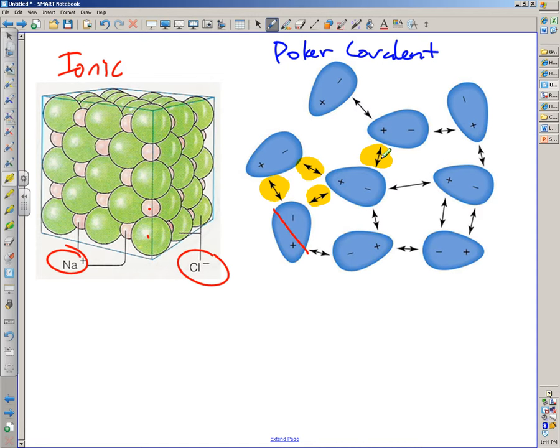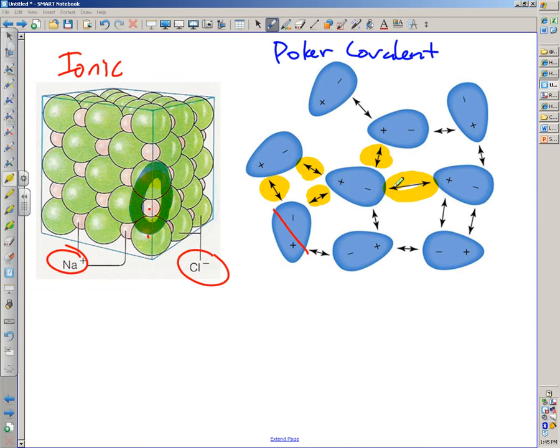Yes, but not as strongly as this attachment, because that attachment right there, I should maybe do it in a different color, is an attachment between something that is actually positive and something that is actually negative. That's a strong attraction. Here, that's an attraction between something that's kind of positive and something that's kind of negative.